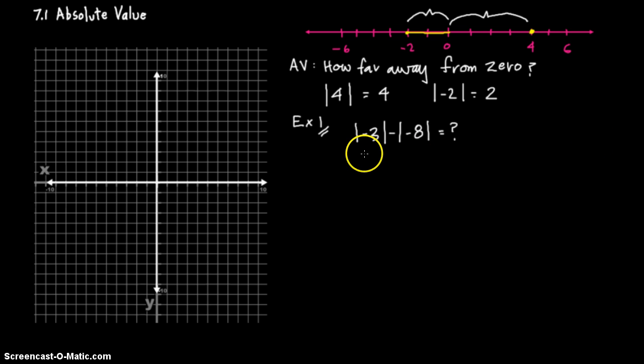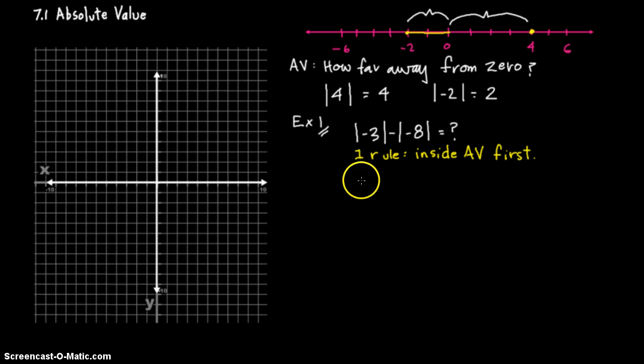All we need to know when we're using absolute value in these kinds of equations is one rule. We do inside the absolute value first. That's all you've got to remember. That is the only rule, and as long as you do that, you're fine.